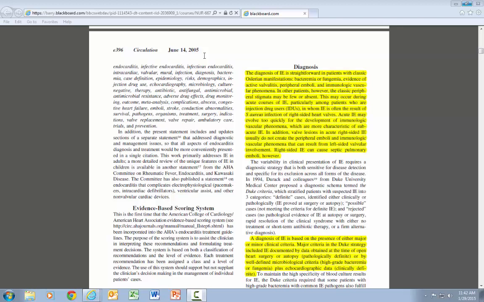American Heart Association. We already went through the Duke's criteria and we discussed the major and the minor criteria for the diagnosis of endocarditis.